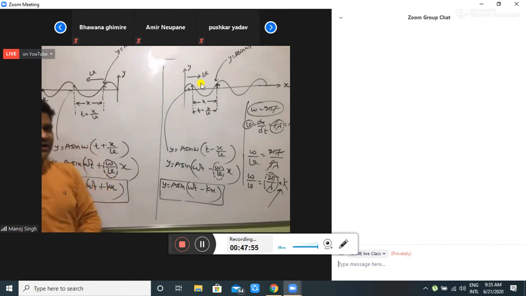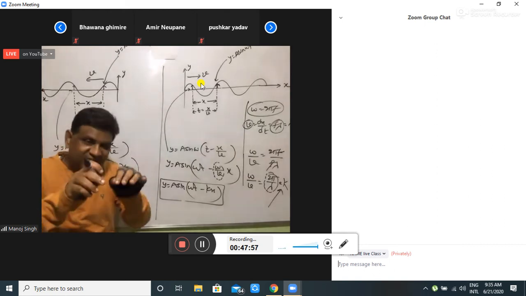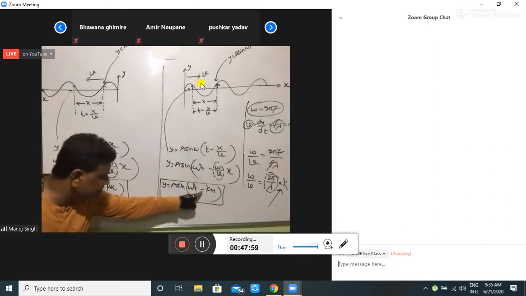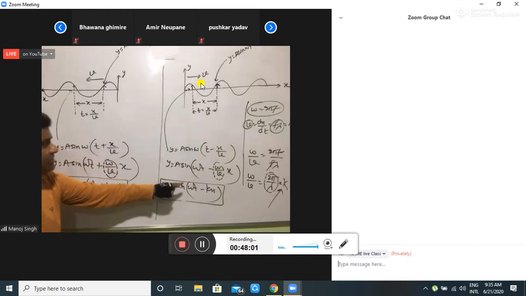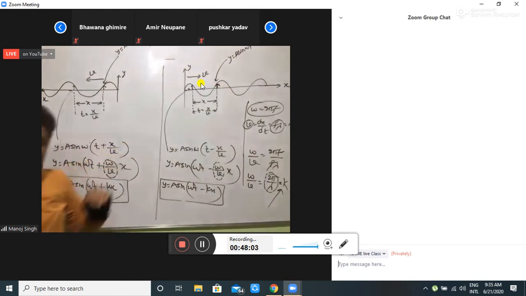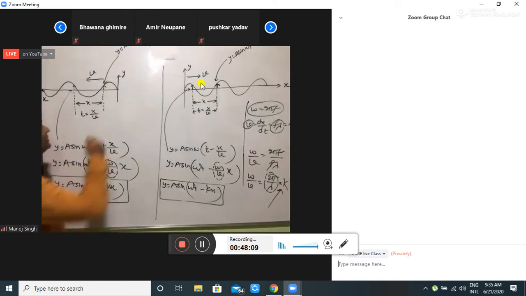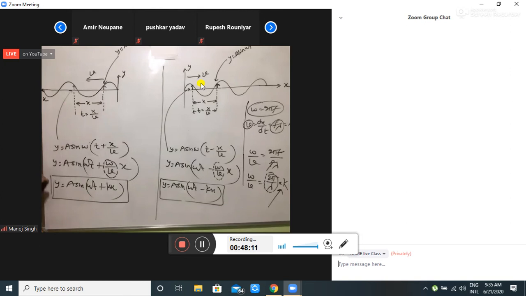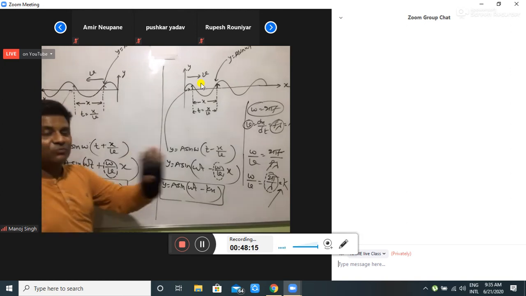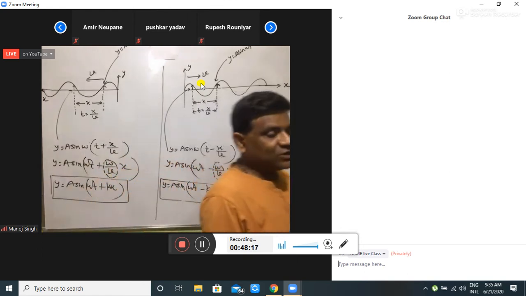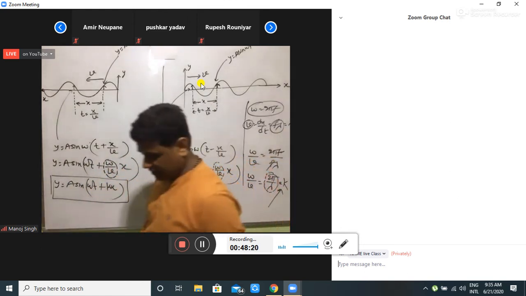So it should be clear in a class that in the equation of progressive wave, if there is a minus sign, the wave is traveling towards the positive x direction. If there is a plus sign, the wave is traveling towards the negative x direction. Both are equations of progressive wave.